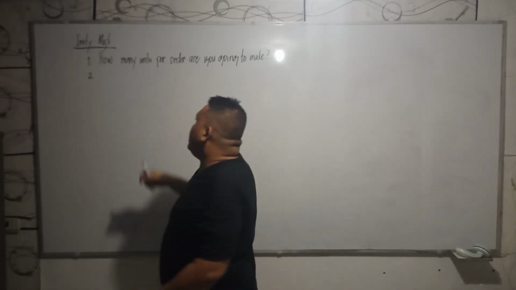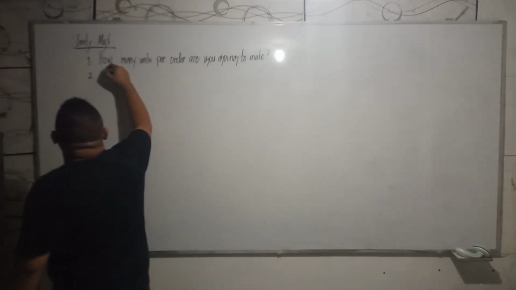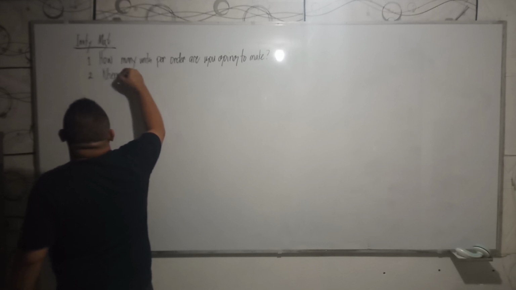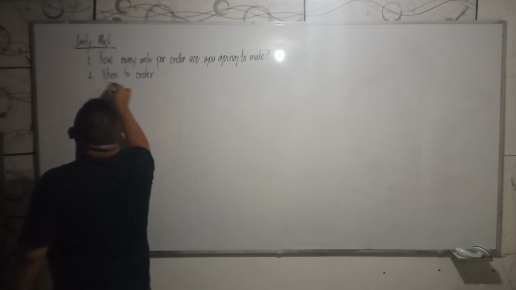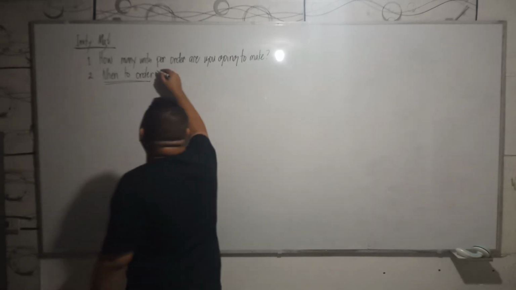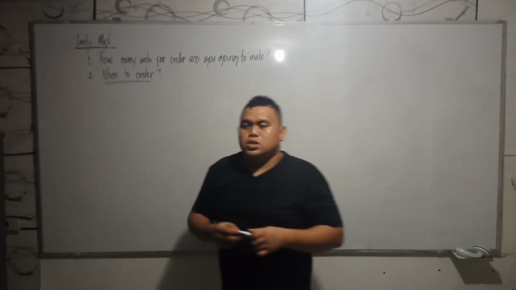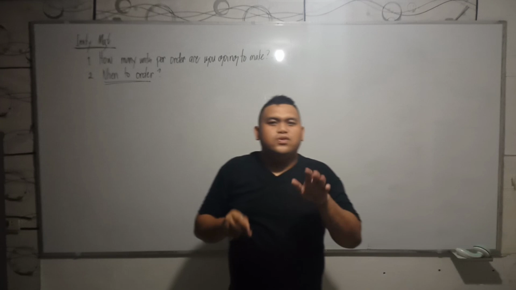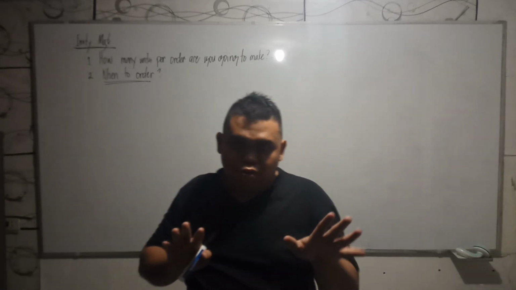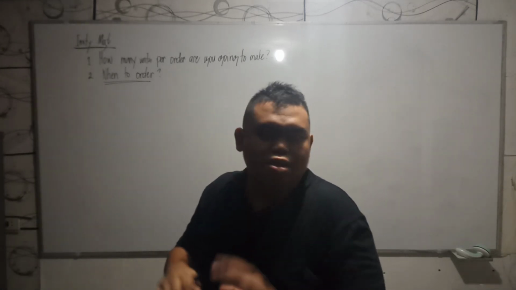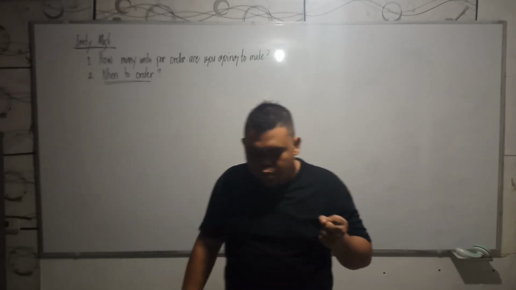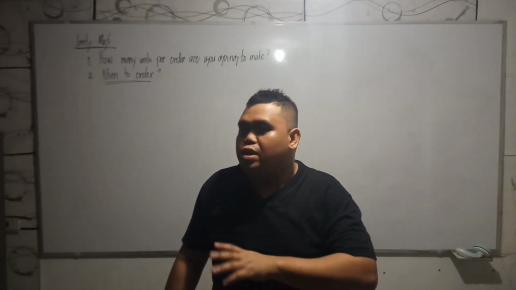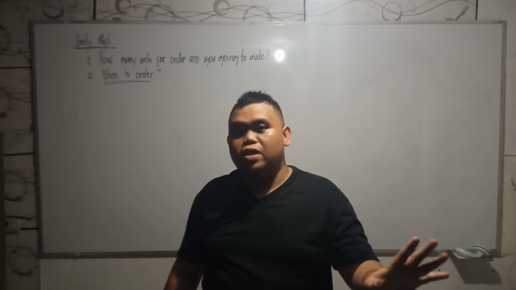And then the second question is when to order. In this second question, you're not going to answer with a time period, like for example, every 6 months. It's not like that. This question number 2 is answered based on the remaining number of units of your inventory.